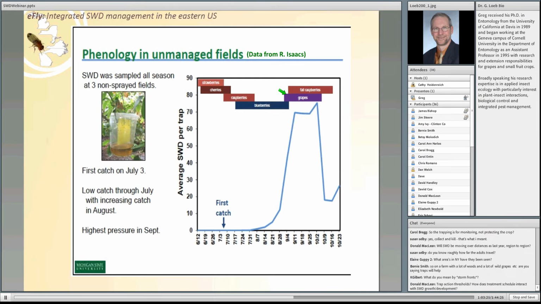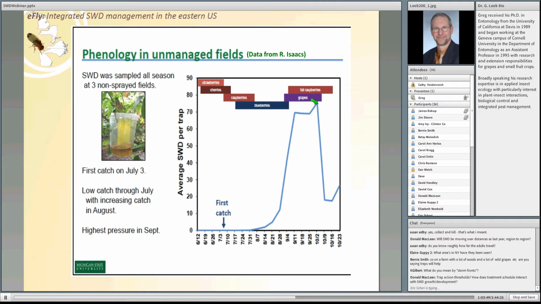This is a field Rufus was monitoring with his traps, using apple cider vinegar in these traps, and they monitored throughout the season, and maybe they caught their first adult in early July, but populations really didn't start taking off until late August, into September, and into October.